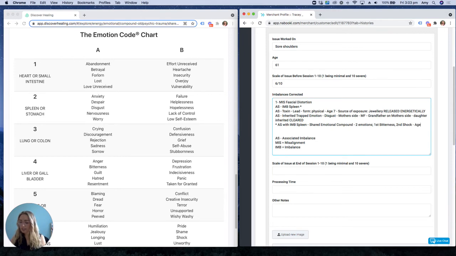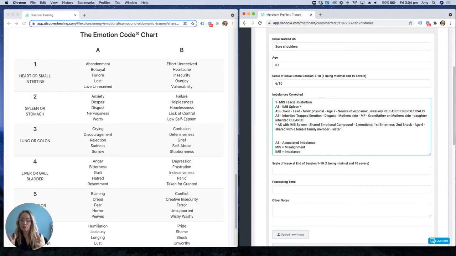So Tracy was age 6 when this occurred. So she shared it with one other person. She shared it with a sister.